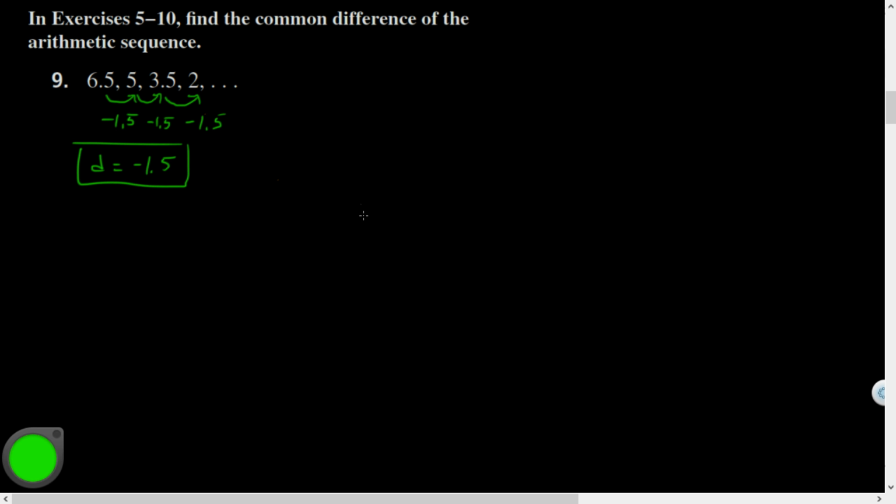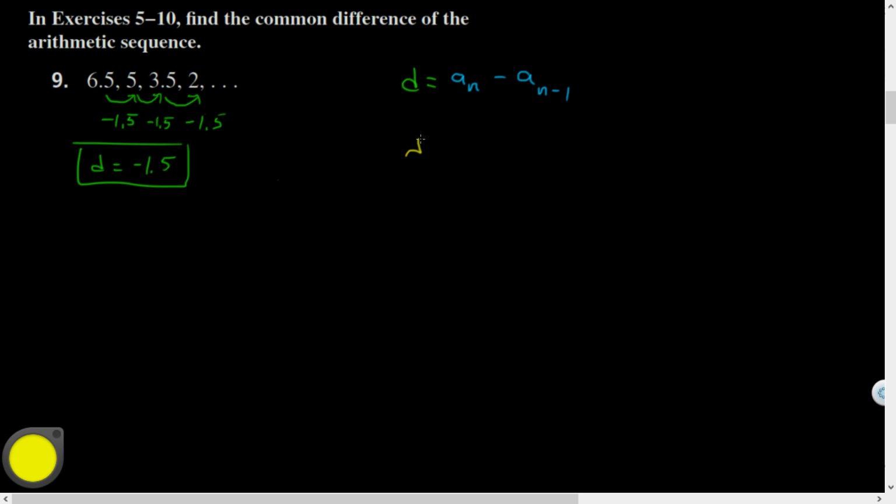The other way you could have found that out, the common difference as a formula, is equal to any term, which I'll refer to as a sub n, subtracting the term before it, which would be a sub n minus 1. This works for any two consecutive terms, consecutive meaning side by side in our list.